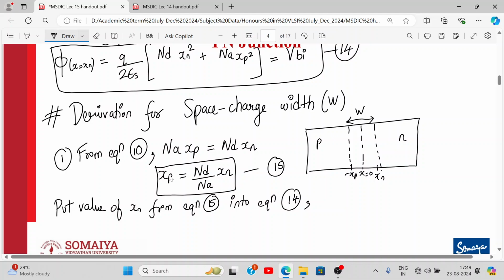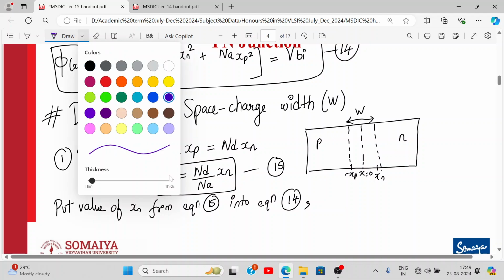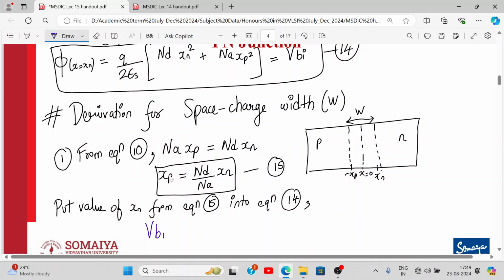So what do we get? VBI is equal to Q upon 2 epsilon S, Nd xn square plus, actually we are eliminating that xp term, so here we get Na times Xp square, which is Nd square upon Na square into xn square.